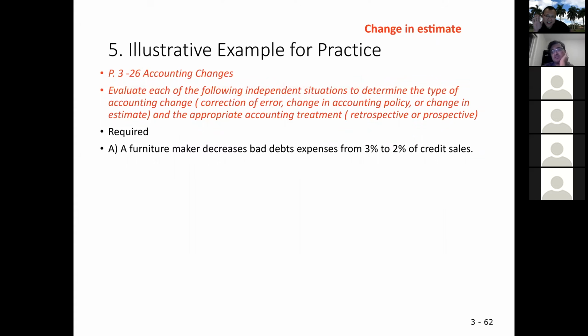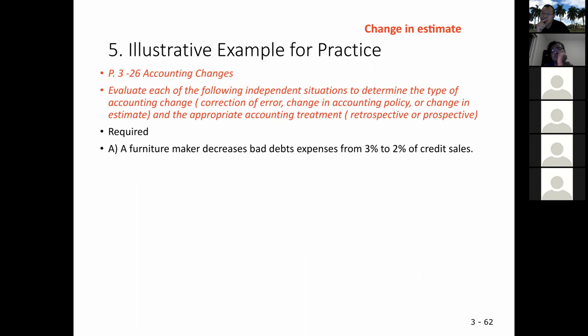A change in accounting policy? Okay. What is the previous policy? 3%. They were at 3% and then reduced it down to 2%. The previous policy is the percentage of credit sales, right?